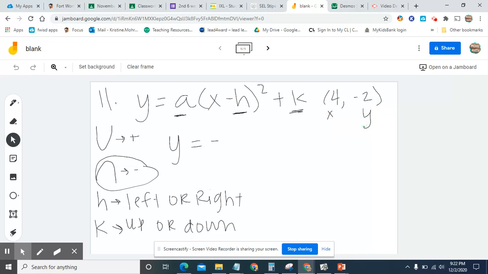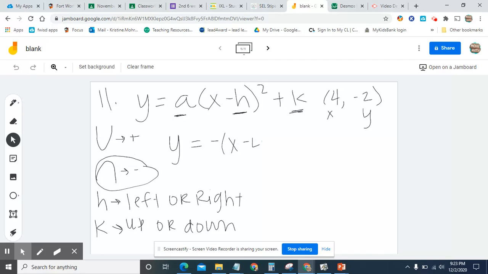All you're going to do is put the 4 where h is, because that's with the x in parentheses, and then -2 goes where k is. So we have our a negative, it was downward, and then x minus our x value, because whatever x value has to stay in the parentheses with x. They don't move away from each other, they stay. So x minus 4, then we put our square, and then plus the value of k, or essentially y in this case, plus -2, or to simplify it, -2.